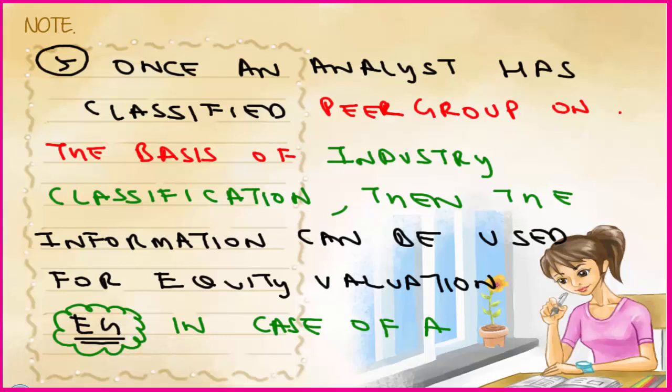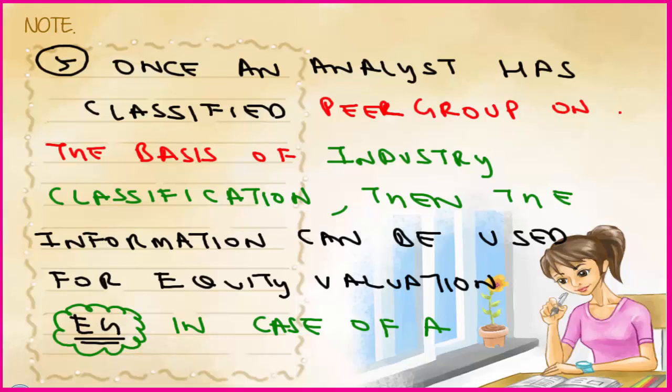Once an analyst has classified peer groups on the basis of industry classification, then the information can be used for equity valuation. So step number 1 is we have done company, then industry classification, and on that classification different peer companies are coming.